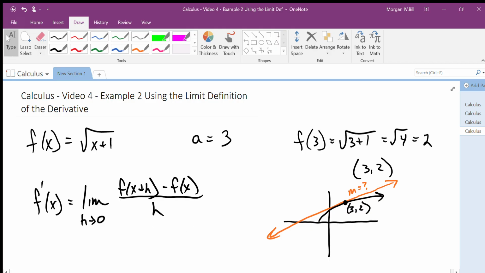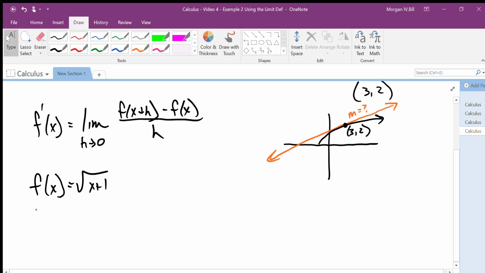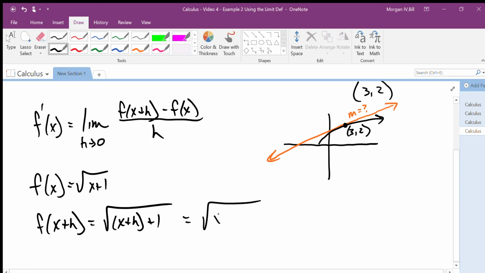All right, well, we know that f of x is the square root of x plus 1. The question is, what is f of x plus h? Well, every time we see an x, we plug in an x plus h. In this case, there's no real reason for those parentheses around the x plus h. And so we have the square root of x plus h plus 1.